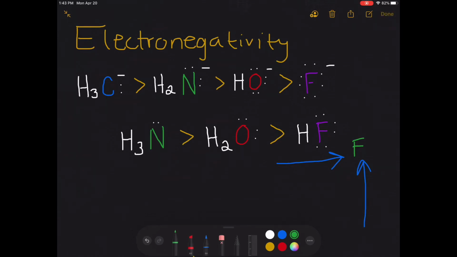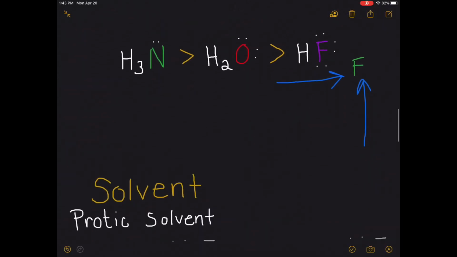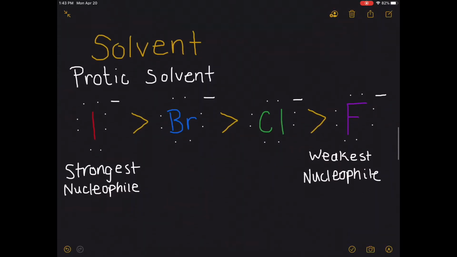Next, we'll be looking at solvent. We have both protic and aprotic solvents. We'll be talking about protic solvents first, and protic solvents contain at least one hydrogen atom, and they are capable of hydrogen bonding. Some examples are water.